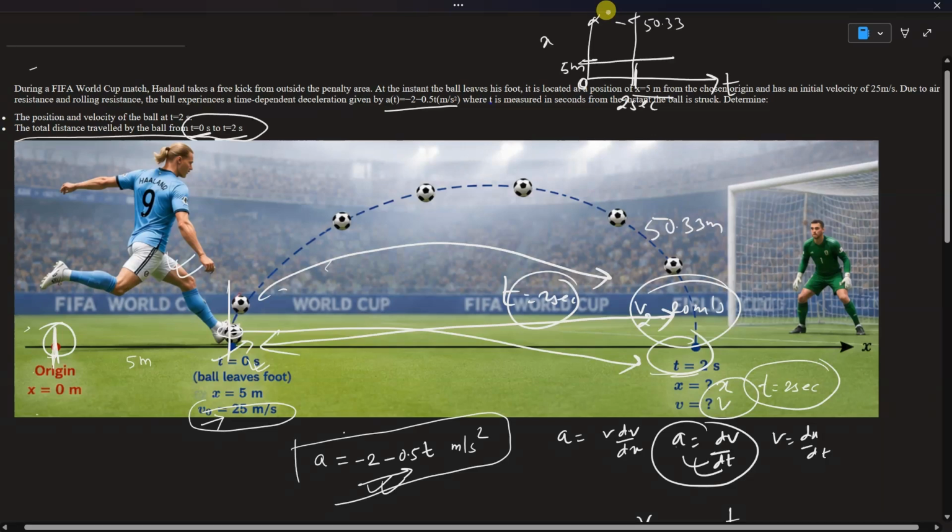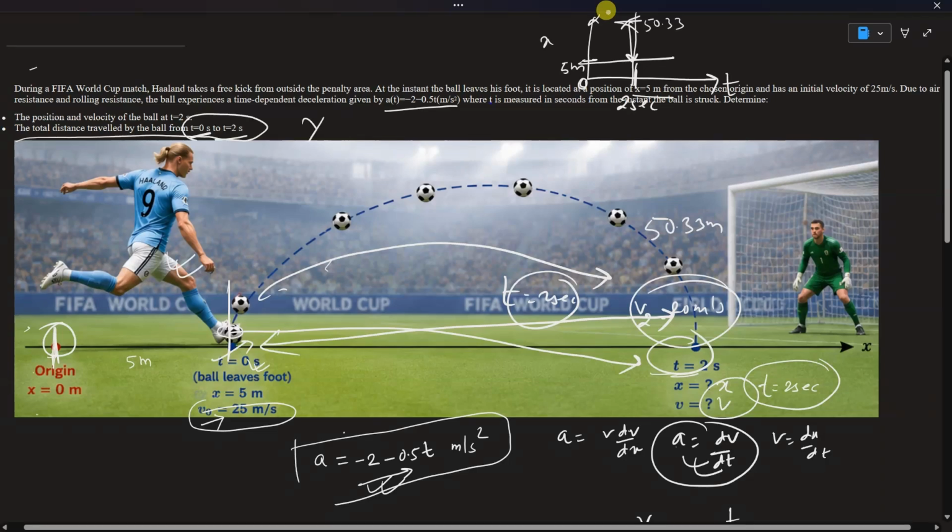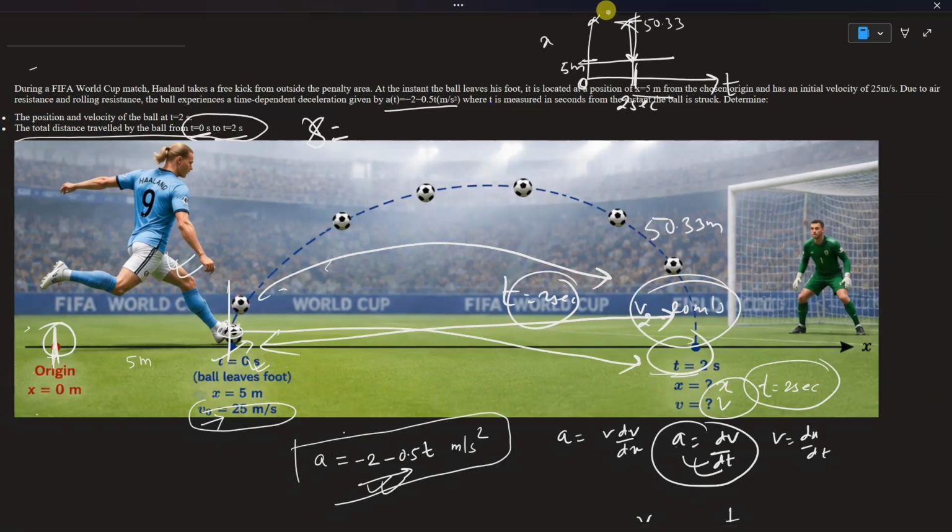So this is the distance that is actually traveled. Let the distance traveled be s, then the total distance traveled by the ball during this time period is 50.33 minus 5 meter. So that will be our answer. In this example, the ball traveled 45.33 meters from the position where the ball was struck.